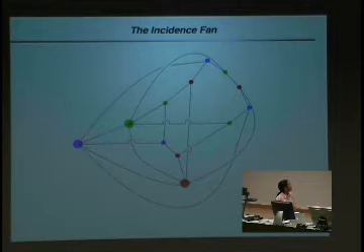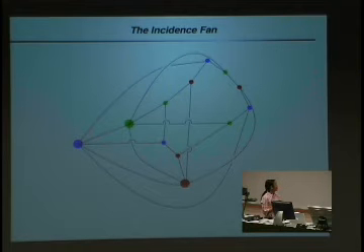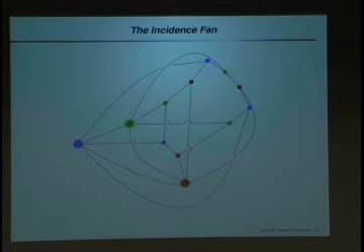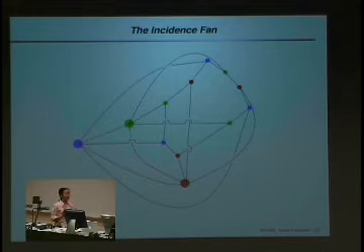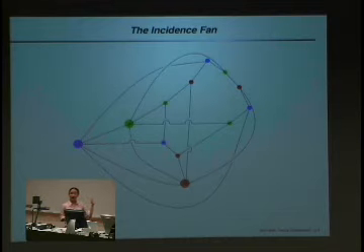And if you remember Bernd's definition of the incidence fan, if you look at the big blue dot, it is connected to the other big dots, and it's connected to the 3 small blue dots. So it has 5 other rays incident to it. That is true for the big green dot and the big red dot too. They each have 5 rays around them.